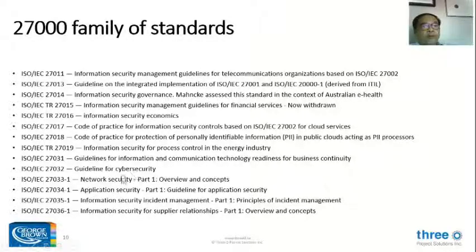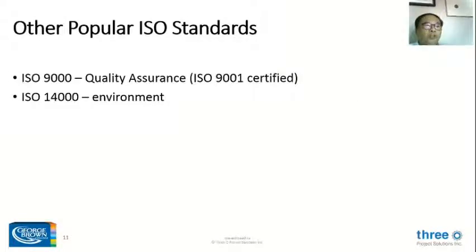Also, this one may interest you: 27032 is a guideline for cybersecurity. So there are many other standards that are very specific to either a particular technology like cybersecurity or a particular industry. So there is a lot of reference material that you can use.